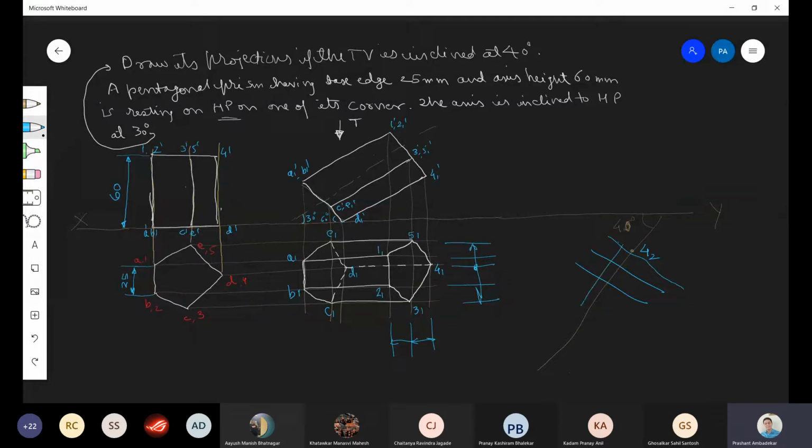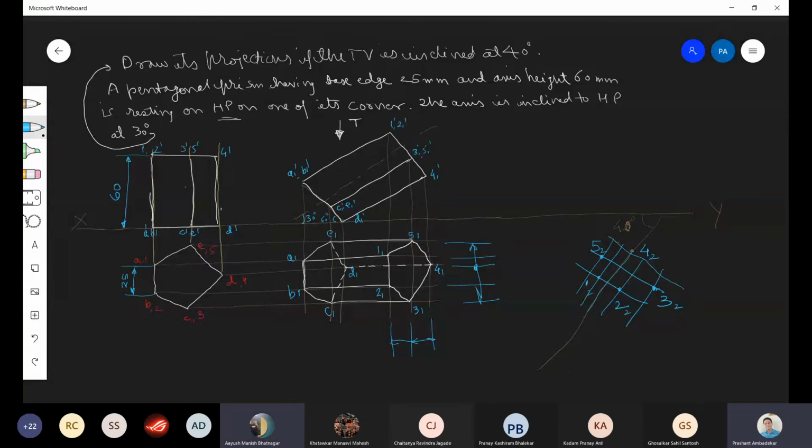So 1, 2, this is 3, 4, 5. I have taken all these distances in compass, and this is 4. This will be 5. Then this will be 1. This will be 2. And this will be 3. Tell me if I have understood this.